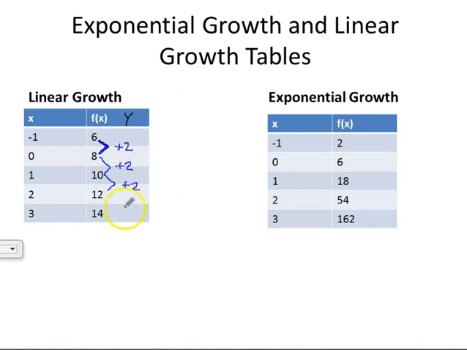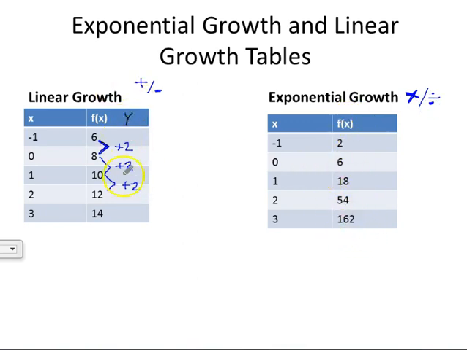So for linear growth, we're going to see a pattern where you're either adding or subtracting the same amount every time in your y or f of x column. With exponential growth, remember, we're multiplying or dividing as we look down our f of x column.